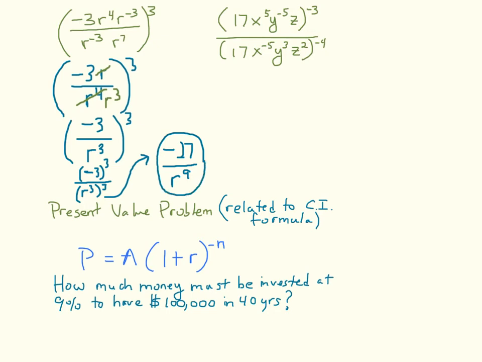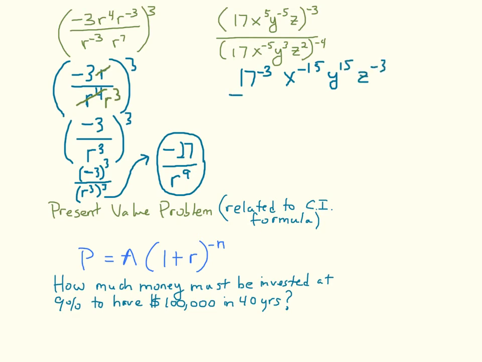Then in this next example, both of the expressions are in their own set of parentheses to the -3rd power, so I better deal with them separately first. So I'm going to go ahead and distribute in this one and make this 17 to the -3rd power, because I have a power of a power product, and that was 17 to the first power, and then I'll have x to the -15, y to the +15, and z to the -3rd.